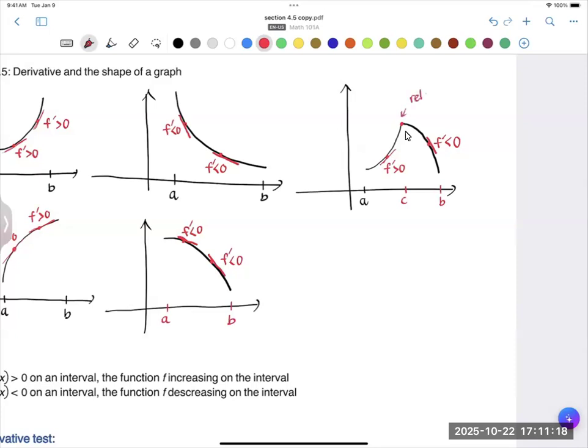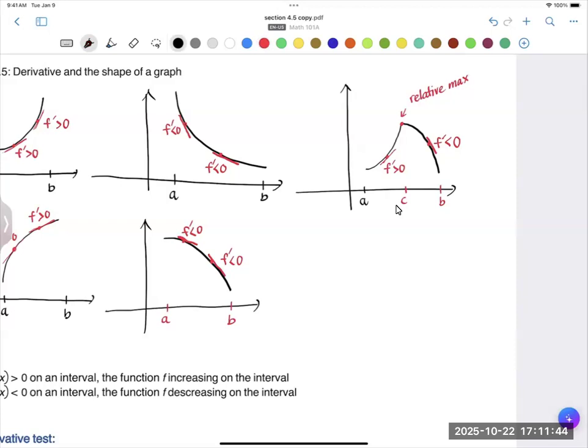It may look like the absolute maximum, but we don't know how the graph behaves outside of A and B, so we cannot say it is absolute. We can just say relative max.